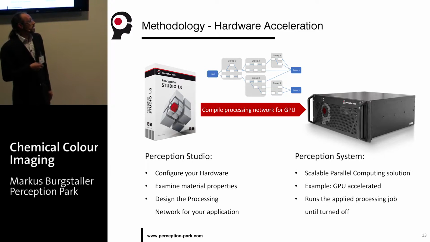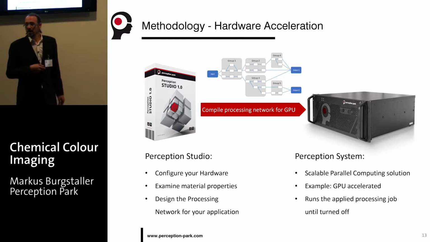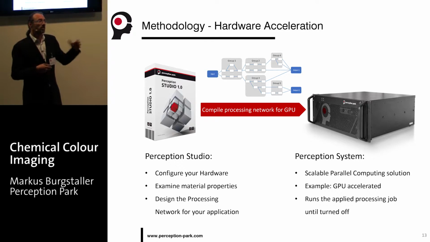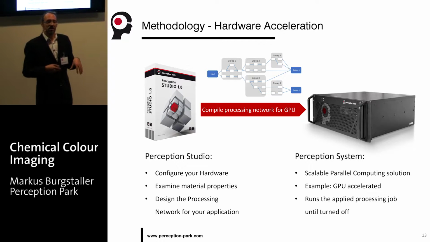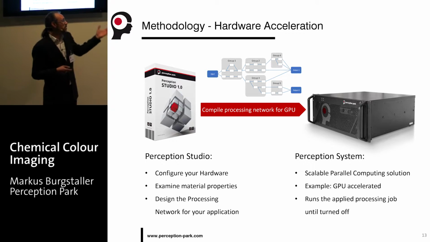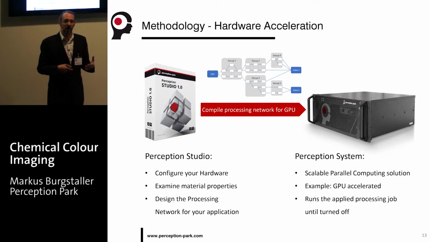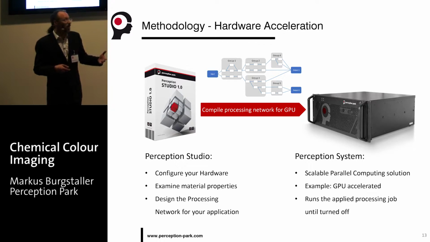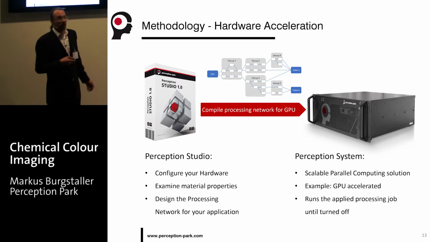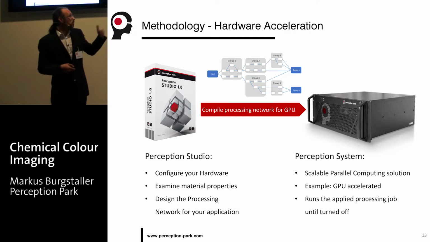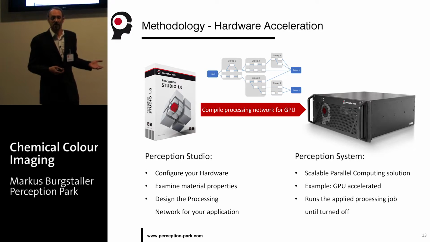Such a network is generated by the Perception Studio program. That's the offline tool, the tool you install on your PC, and it helps you acquire data, analyze the data, and build such a network. If you compile this network for a data processing unit, like the Perception system, you are able to process the network in real time.